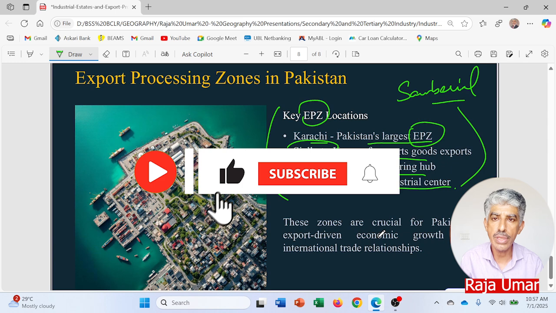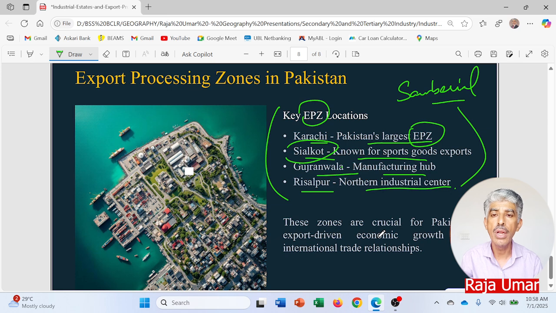And as we know, we are approaching the development of CPEC, the China-Pakistan Economic Corridor. From that platform, what we have seen is that about 9 export processing zones are planned across Pakistan, right from Gwadar up to the northern areas. They are to be established in different areas alongside the CPEC route.